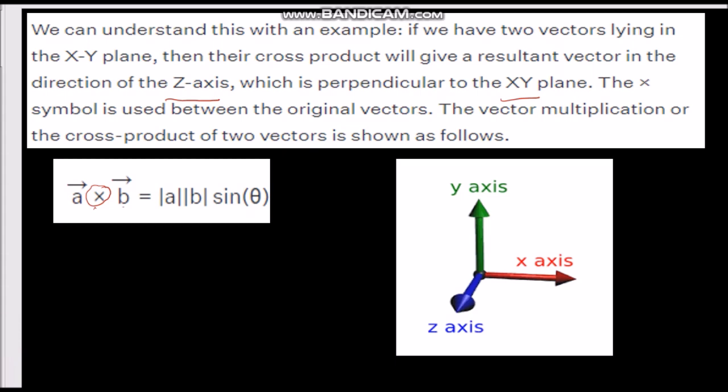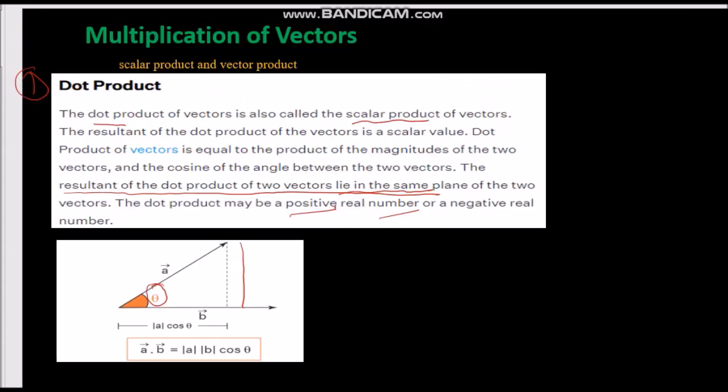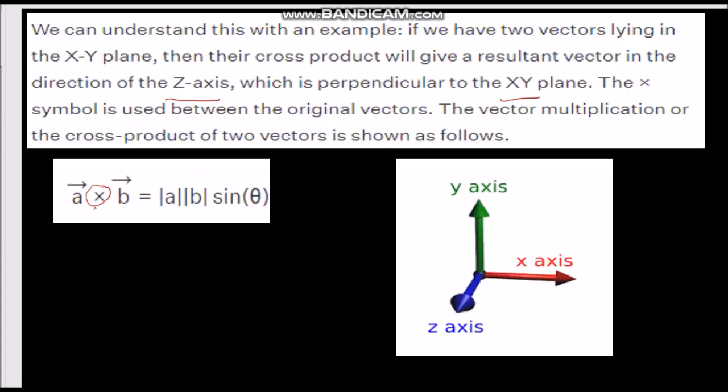But in the case of the dot product, we have a dot b equal to the absolute value of a times the absolute value of b times cos theta. That's the difference. And what does it mean, the x, y, z axes? In general, the resultant vector is perpendicular to the xy plane.